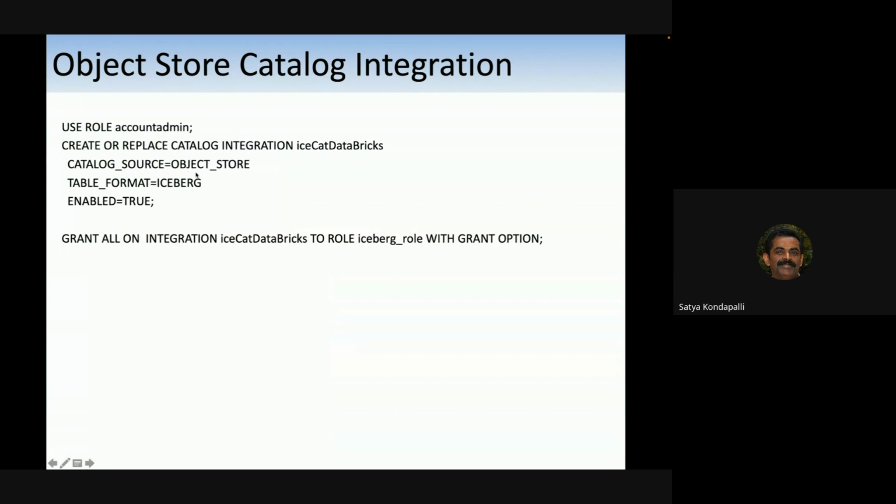We need to create an object called a catalog integration. For your entire Snowflake account you will have one object store, which can be S3, ADLS on Azure, or Google Cloud. Then we create an object store integration, and then we give it to the individual roles.